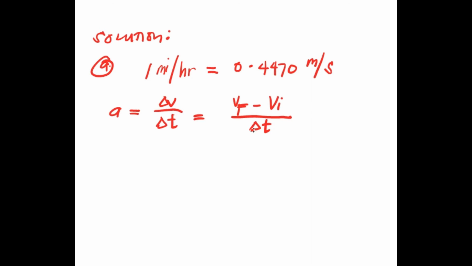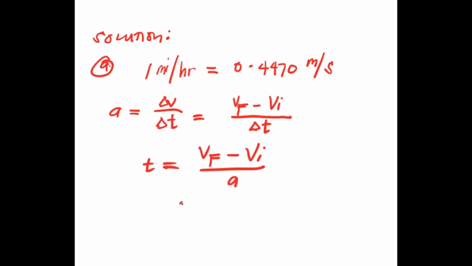This time is the time it took for the Beetle to go from 0 to 60 miles per hour. So, since we are asked to find the time, we derive that t is equal to v final minus v initial, all over the acceleration.